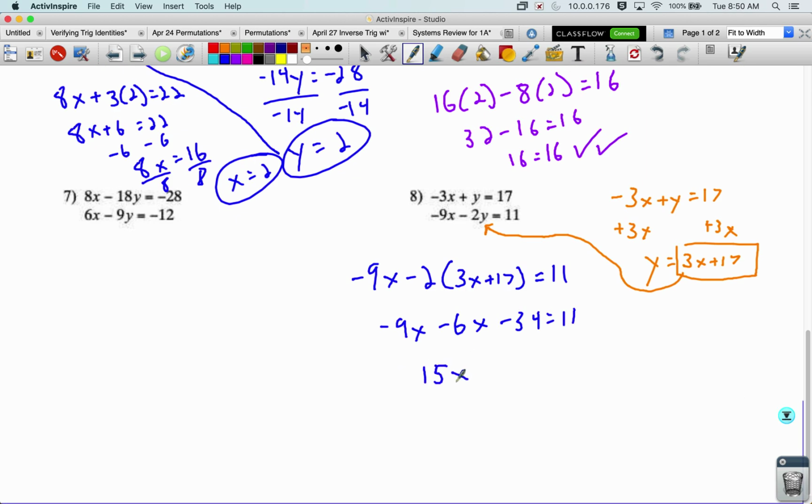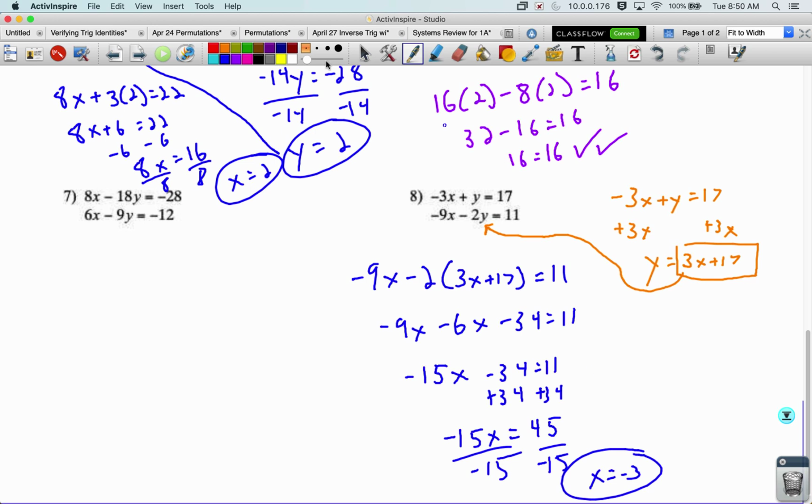Negative 15x minus 34 equals 11. Add 34 to both sides. Negative 15x equals 45. Divided by negative 15. X equals negative 3. You can plug that back in.